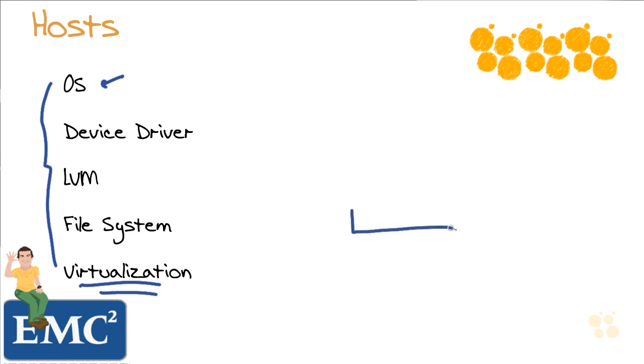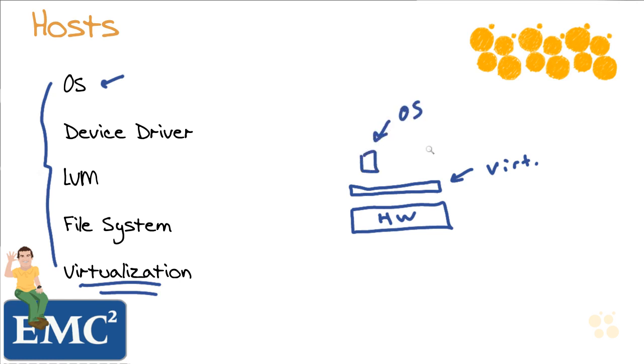So you have hardware, and then on top of that, you have a virtualization layer, and then you often have your operating system. This layer of virtualization seeks to abstract that hardware and use it more efficiently in many environments.